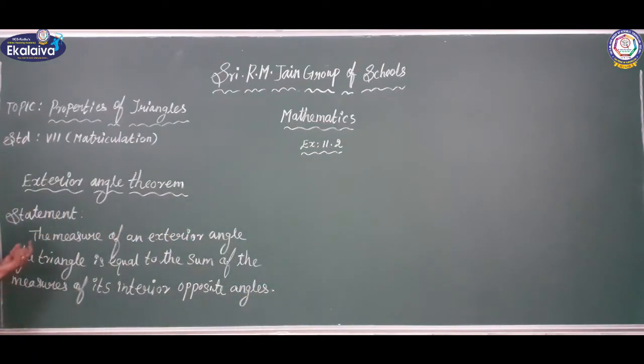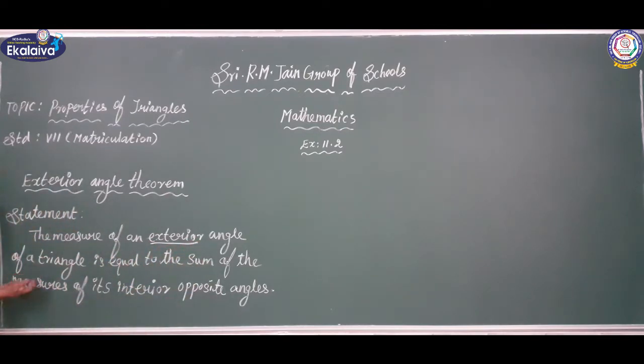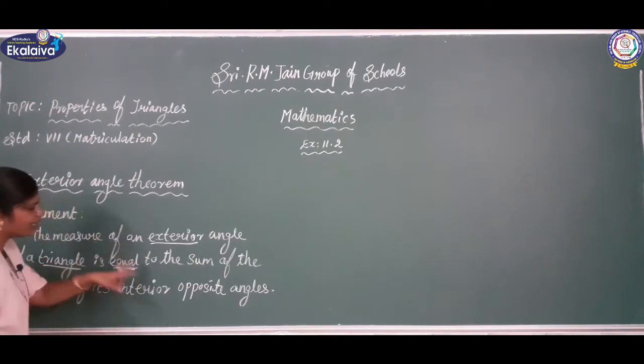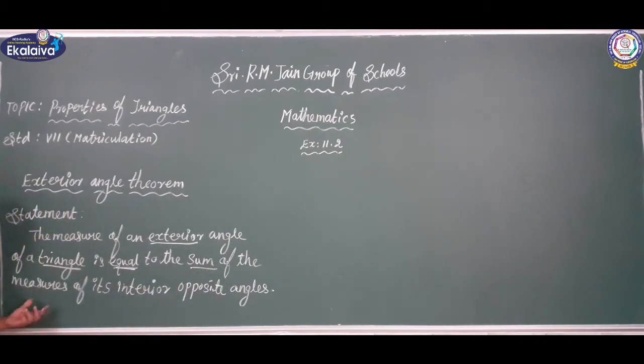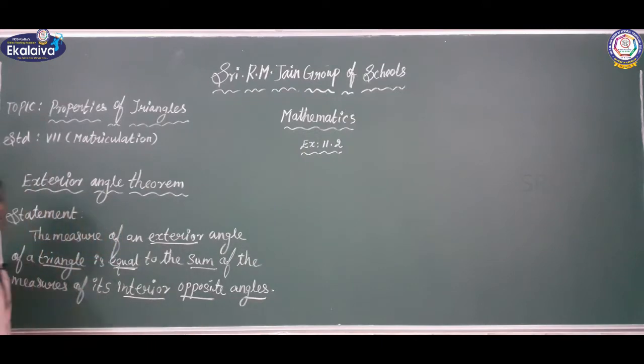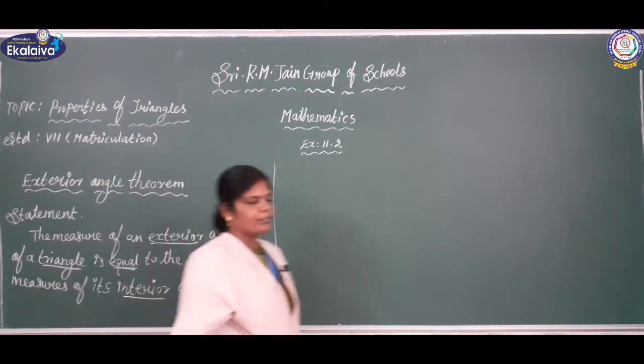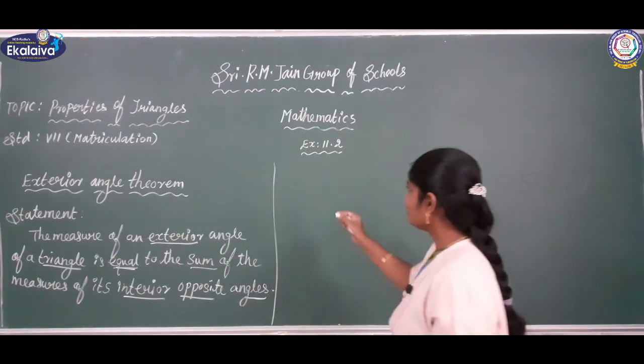See the statement, the measure of an exterior angle of a triangle is equal to the sum of the measures of its interior opposite angles. That we are going to prove. Okay. First, what is given here? Triangle is given.